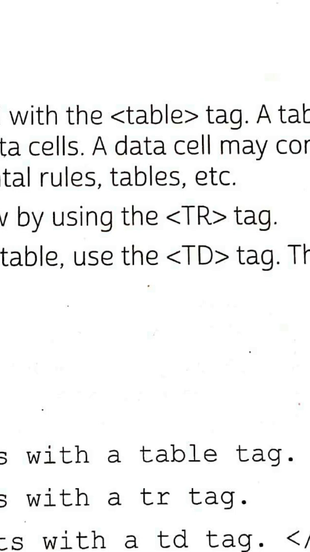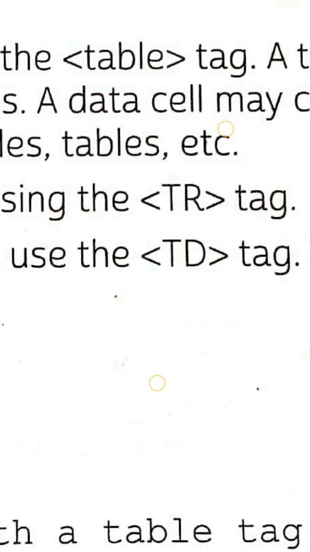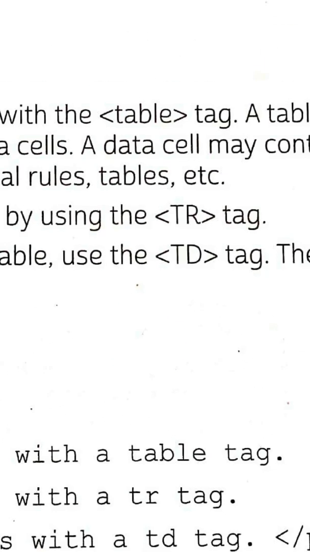So for tables in HTML, you have to remember these three tags. One is the table tag, the second is the TR tag, that is used to specify the row, and the third is the TD tag, that is to write inside the table.